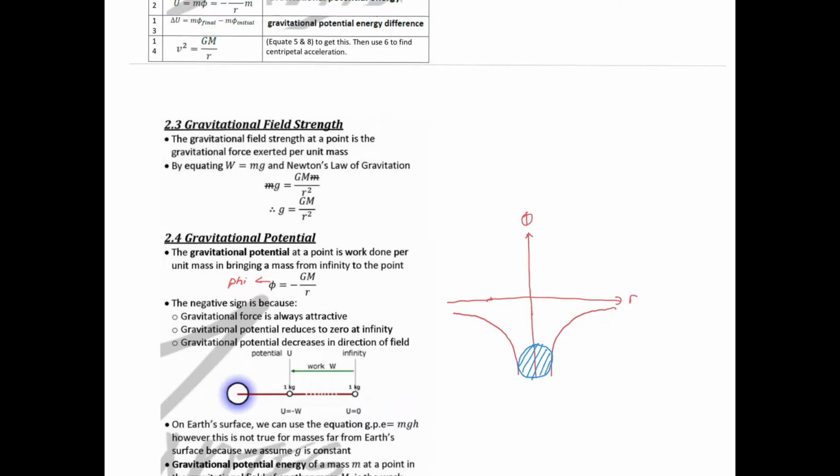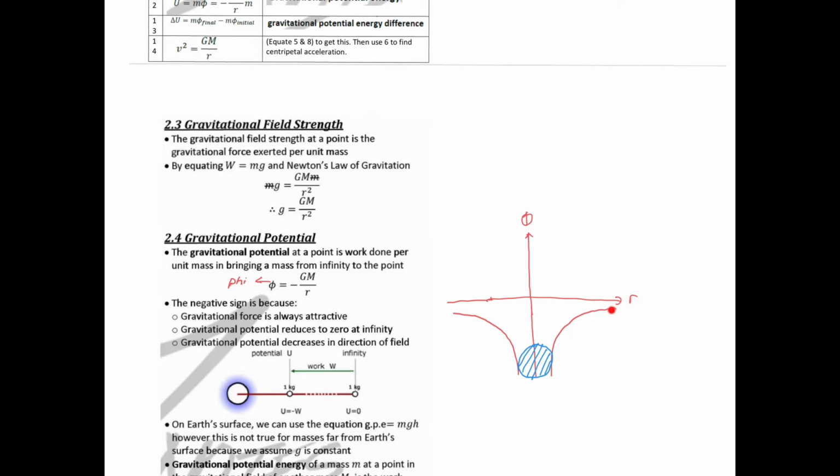Now that you know the graph is like this, we can take it mathematically. If you look at the graph, when r is very big, the meaning of r here is the distance between two objects with mass.